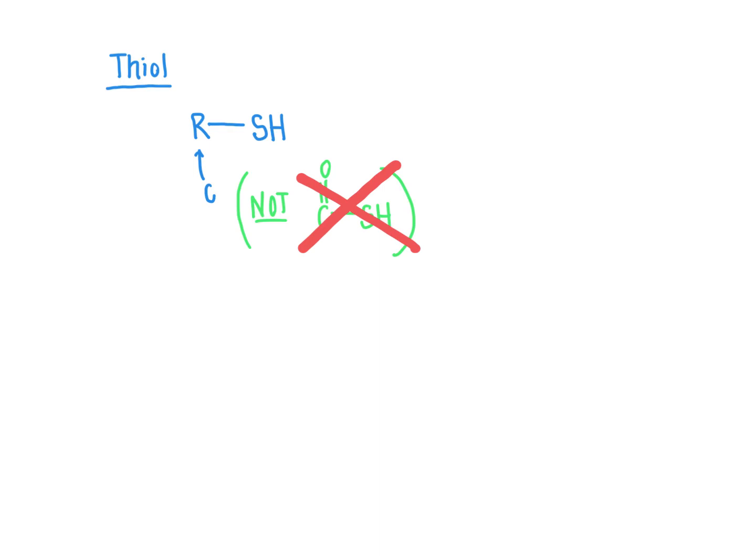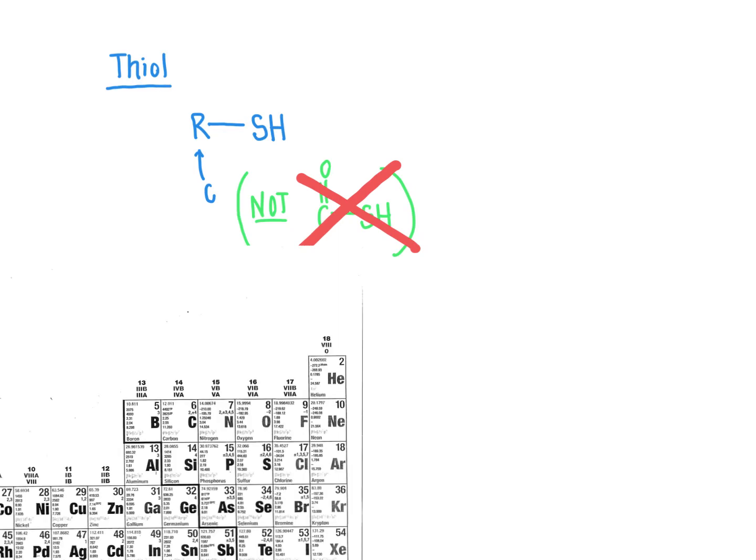The thiol group we cover in parallel with the alcohol group because if we take a look at the periodic table that I've brought in here, the sulfur atom is directly below the oxygen. In other words, they are in the same column, or the same family of atoms.